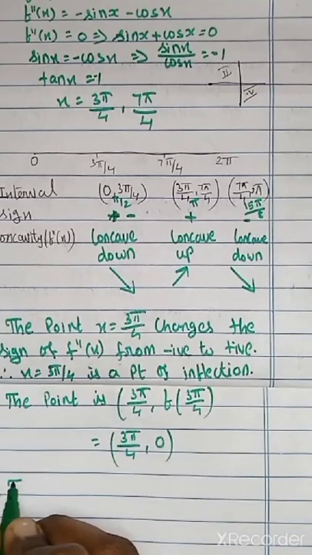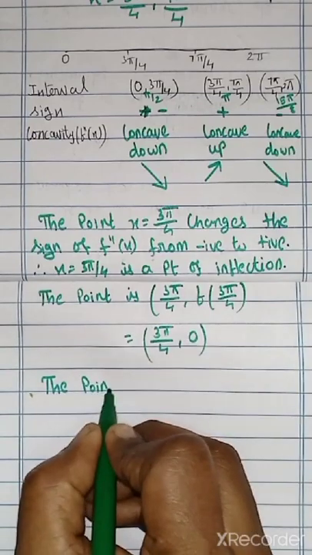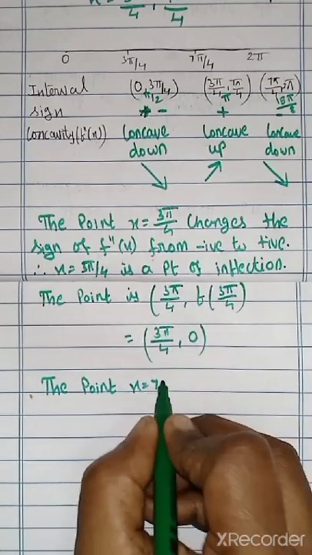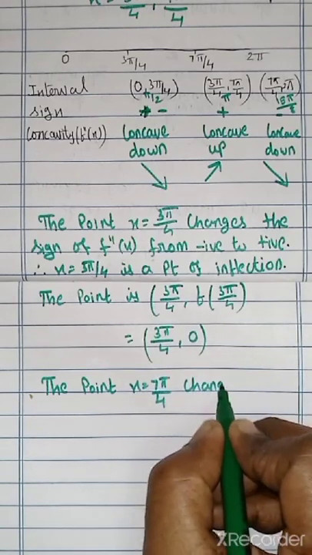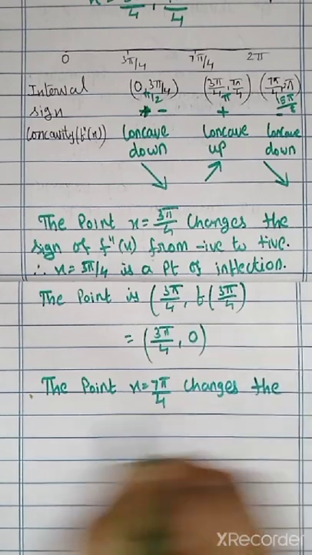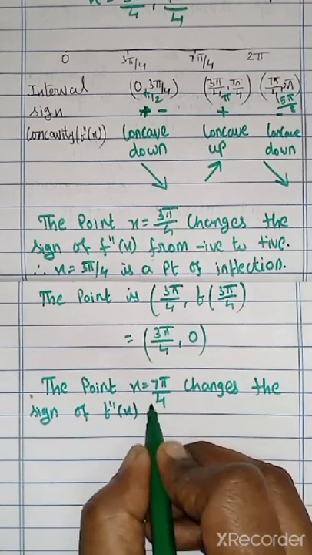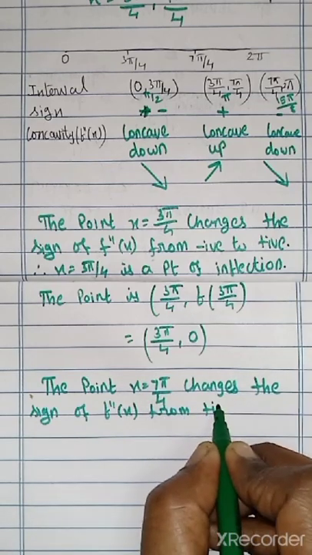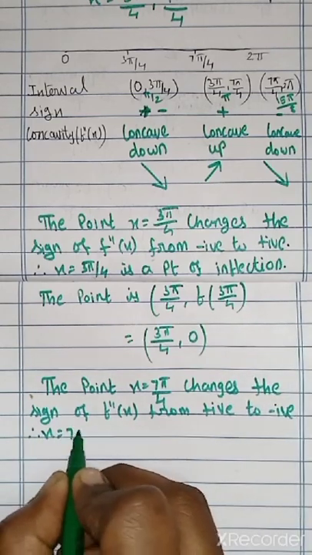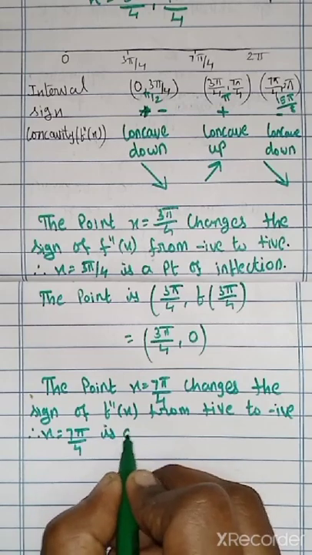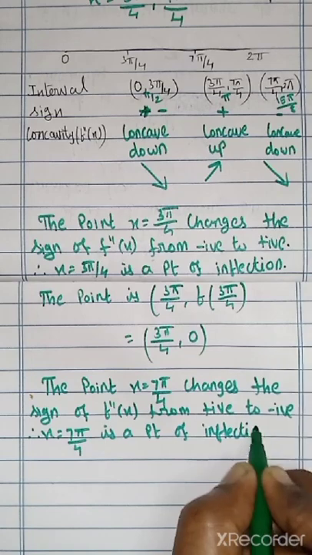Next, again the point, what is the next one? 7 pi by 4. Okay, so the point 7 pi by 4 changes the sign of f double dash of x from positive to negative. Therefore, x equal to 7 pi by 4 is a point of inflection.